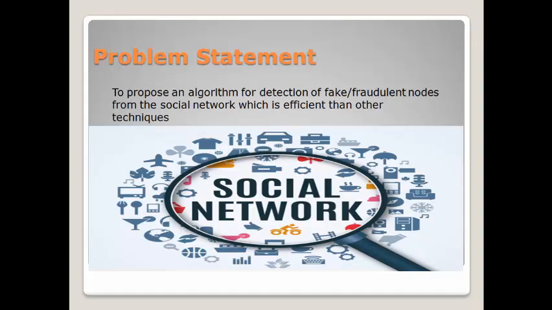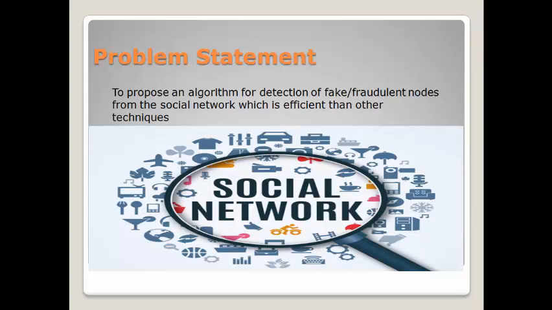Now, our problem statement. As we went through certain research papers, we discovered that there is not a single generalized scheme or technique which can detect anomalies in any kind of graph.